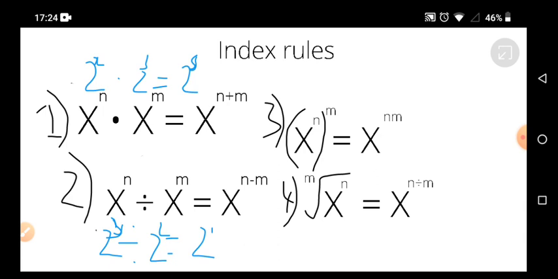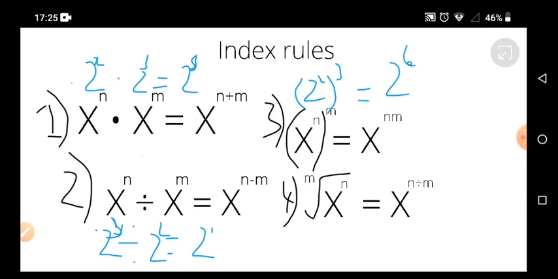So again, 2 squared raised to the power of 3 is equal to, so 2 squared is 4, and 4 raised to the power of 3 is 64. Likewise, we could multiply the 2 and the 3 together, and we get 2 to the 6, and 2 to the 6 is 64. Okay, so that rule is also right.